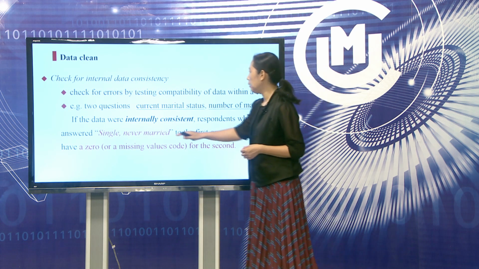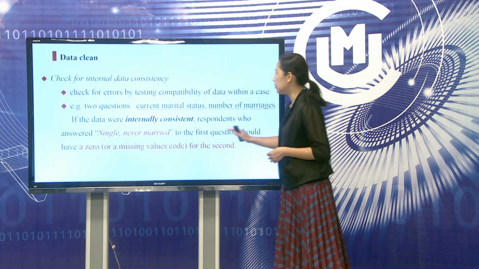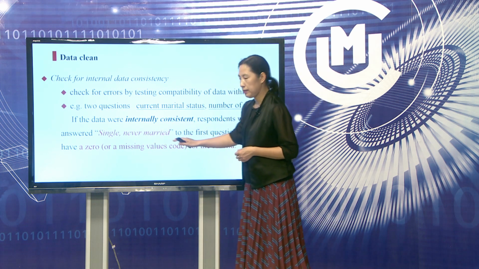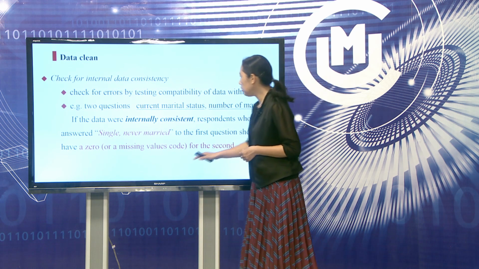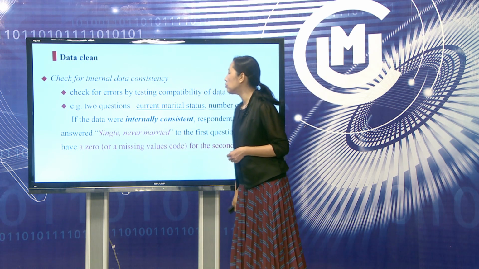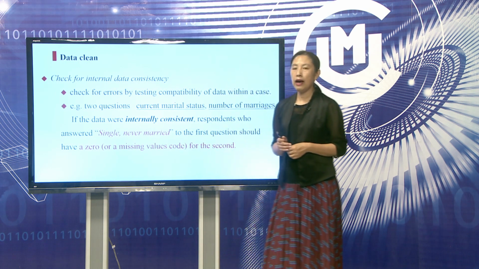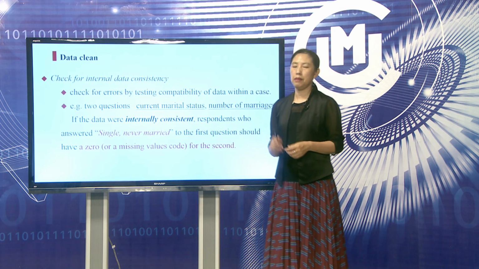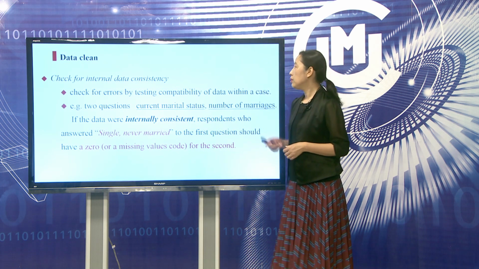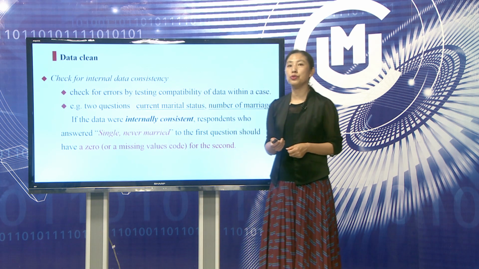So if the data were internally consistent, respondents who answer single, never married to the first question, then for the second question, he or she should write down a 0 or missing values code. Otherwise, this is not internal consistency. Something must be wrong. So just remember, when we do the data clean, we can use these 2 steps.